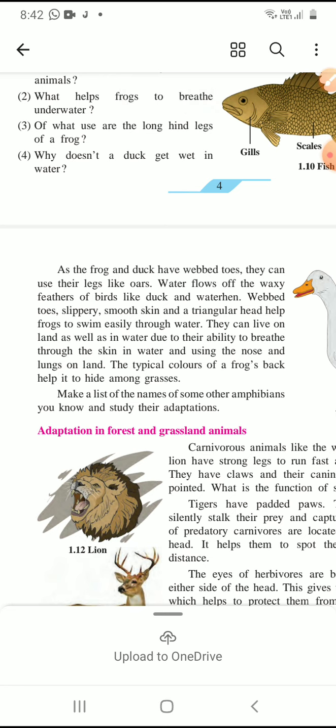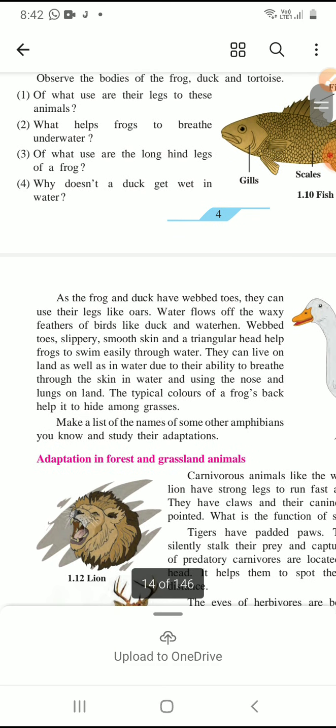They can live on land as well as in water due to their ability to breathe through the skin in water and using the nose and lungs on land. The typical colors of a frog's back help it to hide among grasses.